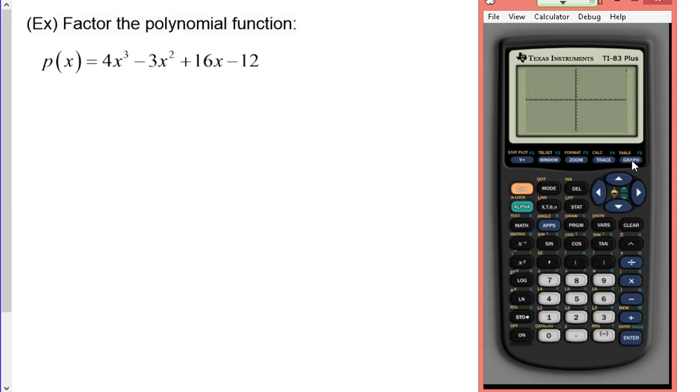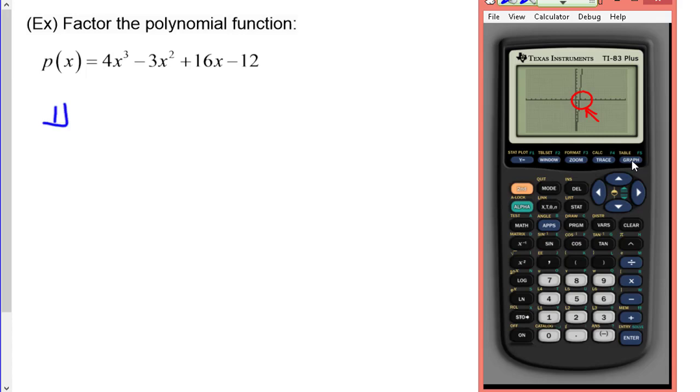And graph that. Okay, looks like I'm only going to get 1 zero here. I think it's at +1. I think I can see that at +1. I'm not totally certain, but again, if it's not actually at +1, then I'll find that out through the synthetic division. So let's just see what happens.